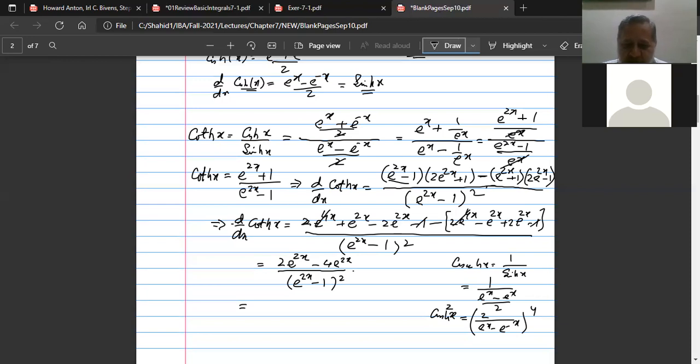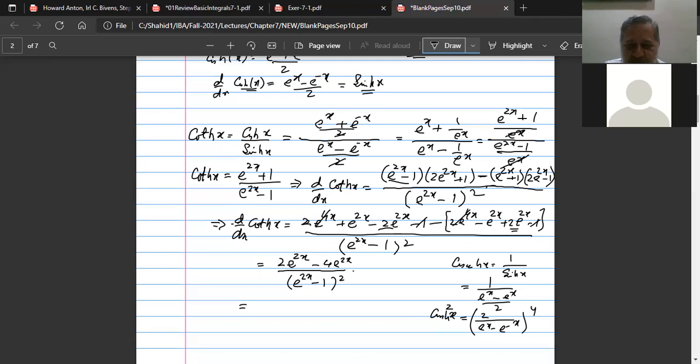Okay, e power 4x cancels, e power 2x is added, and this term seems to be a troubling term. This should not be here. Can you find the mistake?